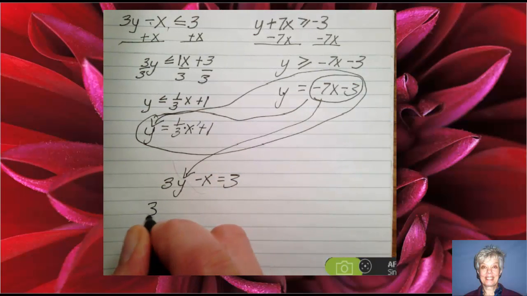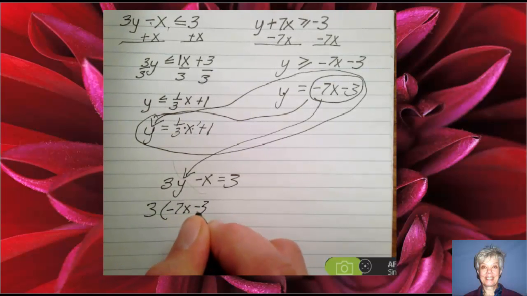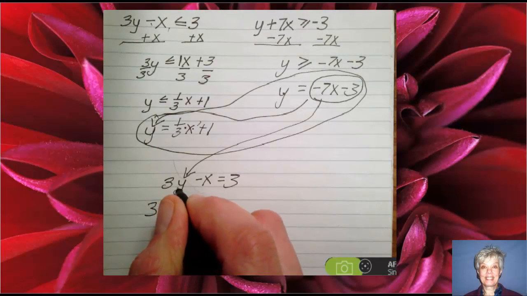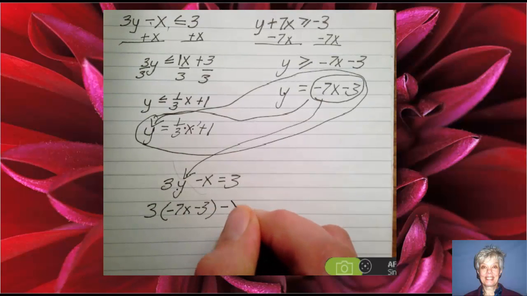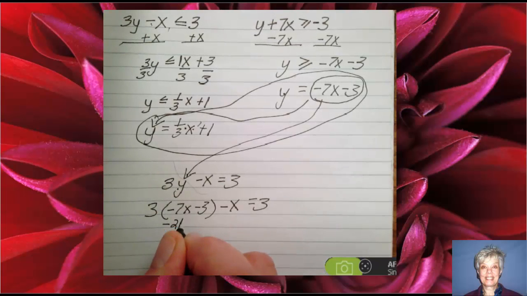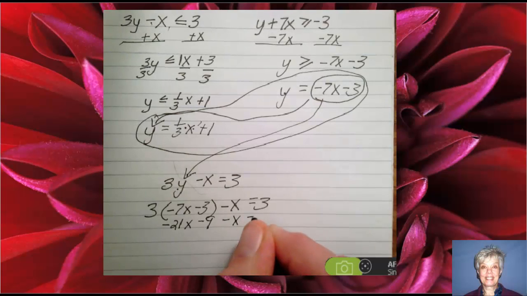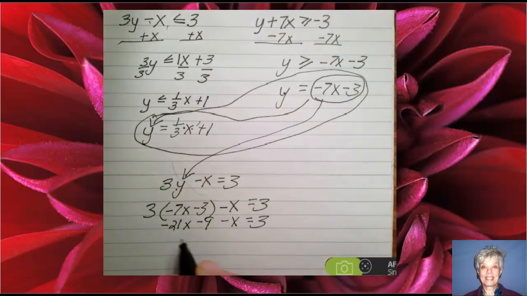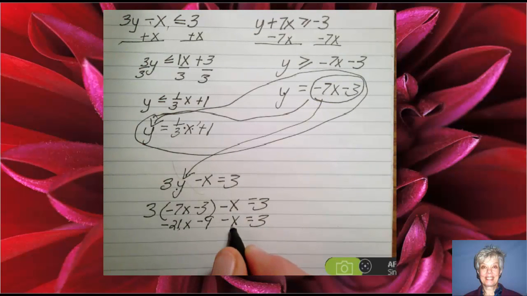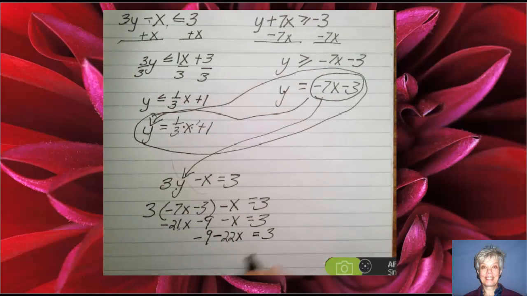So I'll take 3 times negative 7x minus 3, that's 3y, minus x equals 3. That will be negative 21x minus 9 minus x equals 3. Negative 21x minus 1x is negative 22x. And I still have a negative 9 there, equals 3.